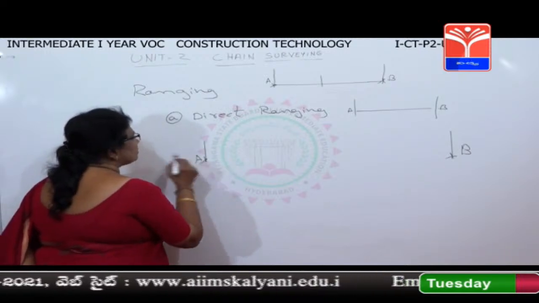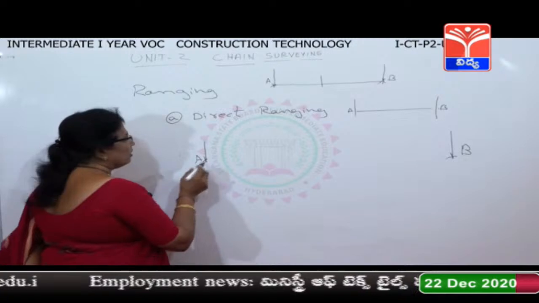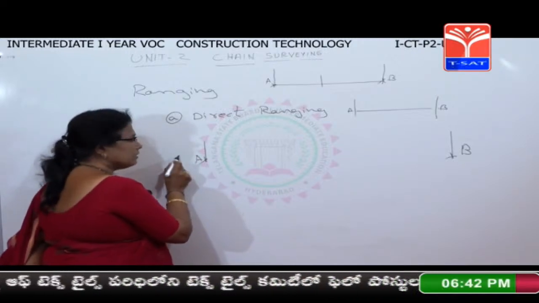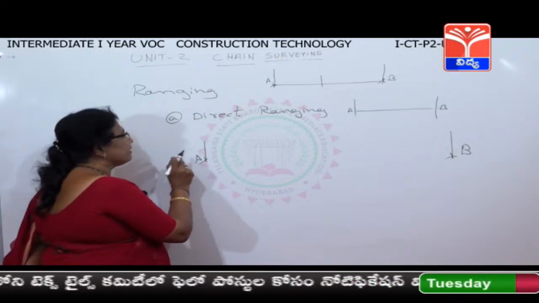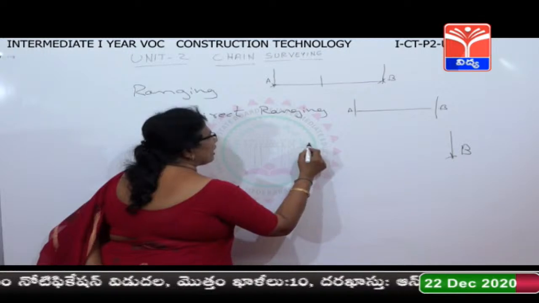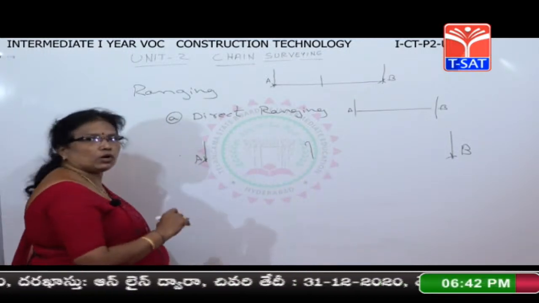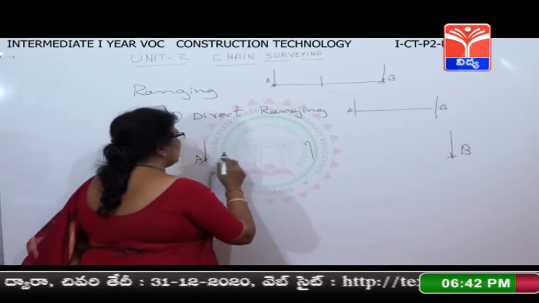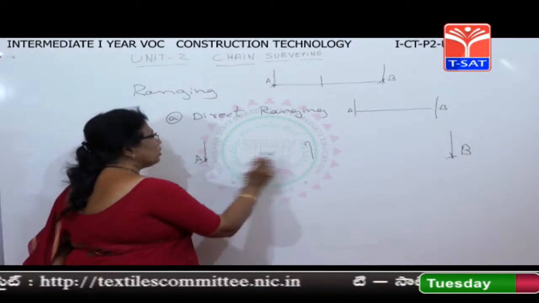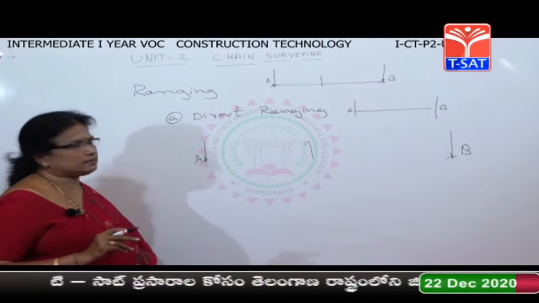Then the person will stand here, leaving a gap of 1.5 meters. He will ask one other person, an intermediate leader or follower, and direct this person to come in a straight line by giving signals.